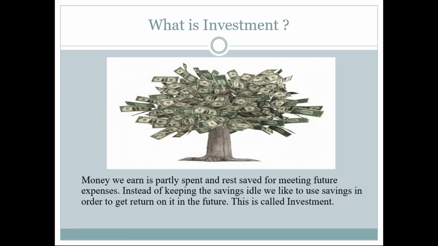Yeah, financial market is somewhere we can buy and sell financial securities like stocks, bonds, or commodities. So that's a financial market. Like the stock market is an example of financial market, or the banking sector, or like chit funds. That is also an example of financial market. And commodities like gold or agricultural products which are sold, that is also a type of financial market.